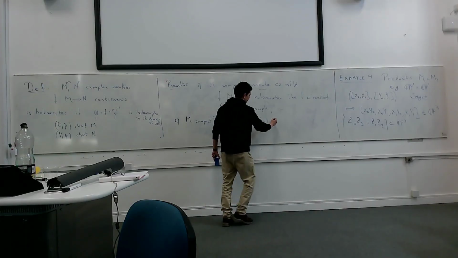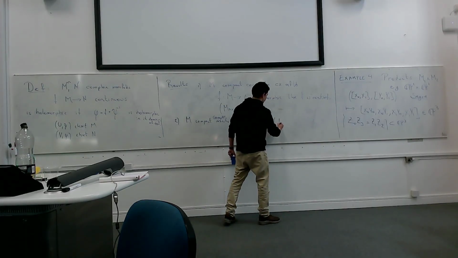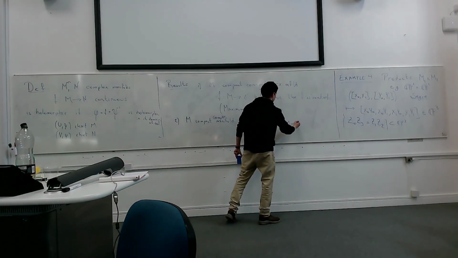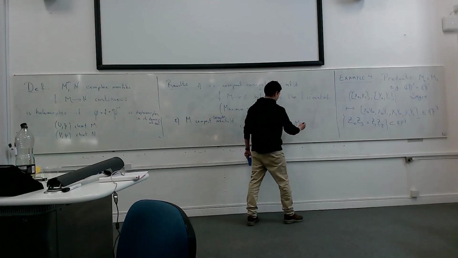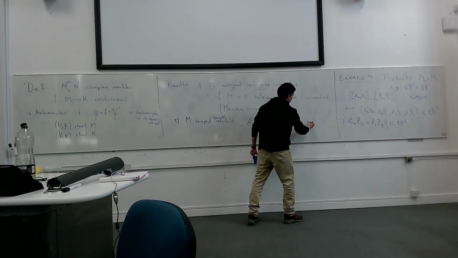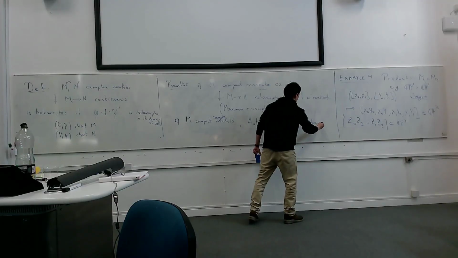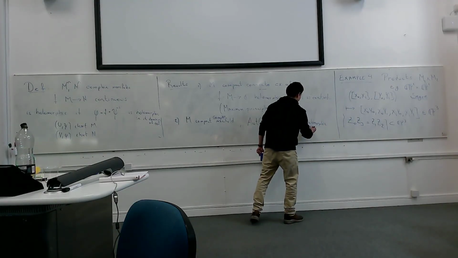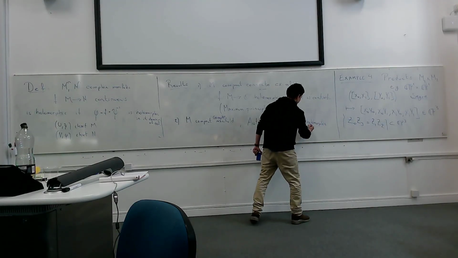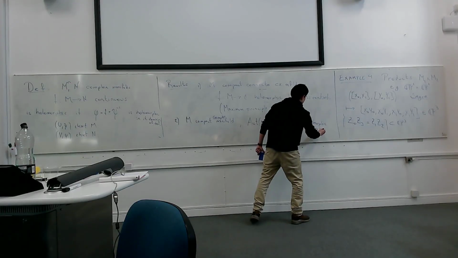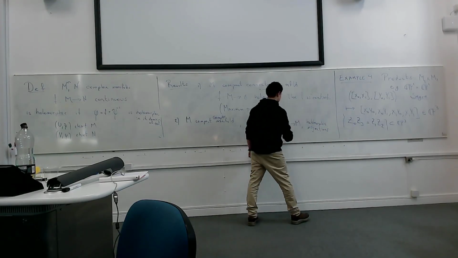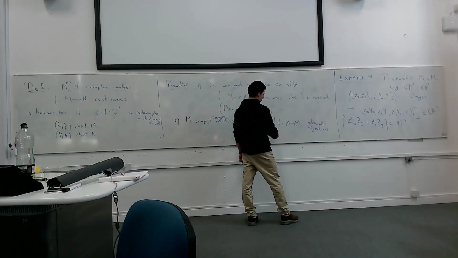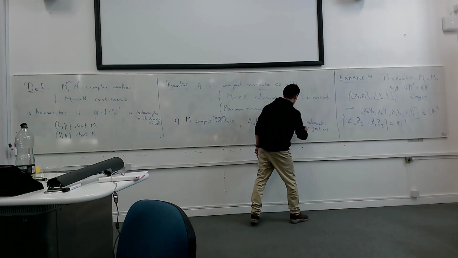So what is this? These are maps F from M to M which are holomorphic bijections. So F is holomorphic, and F inverse is also holomorphic.